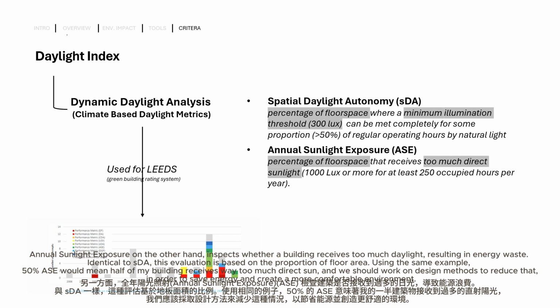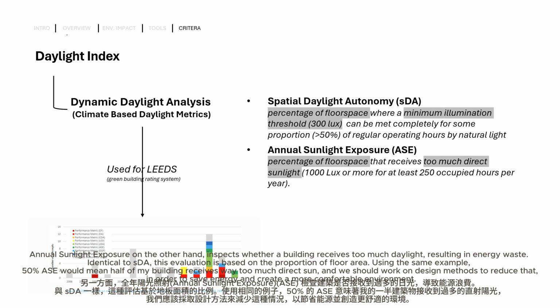Annual sunlight exposure, on the other hand, does not inspect whether your building is receiving enough daylight. It inspects whether a building receives too much daylight, resulting in energy waste. Same as SDA, this evaluation is based on a proportion of space, of floor area.